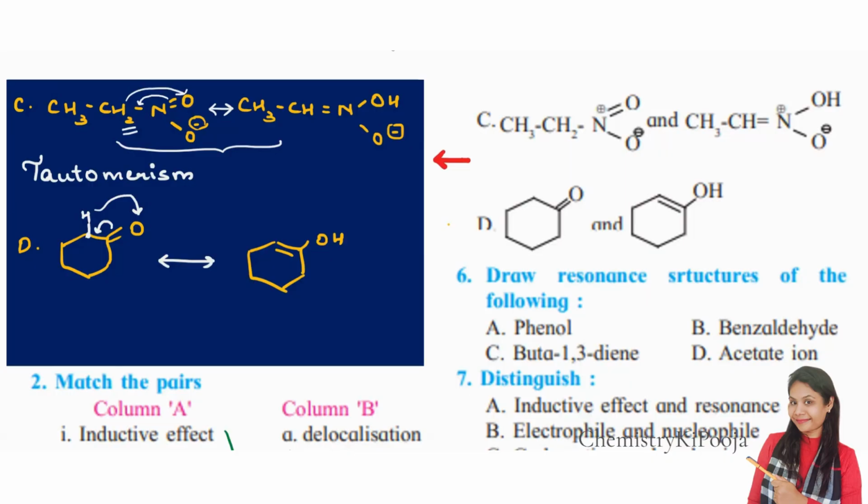And then the same, I can reverse it. How can we reverse it? Same way, this oxygen is pulling the electron, it will acquire a negative charge and then this hydrogen will again go back to this particular carbon. Okay, so this is again an example of tautomerism. So the isomerism shown in both C and D is tautomerism. I hope the concept is clear to you. Thank you.